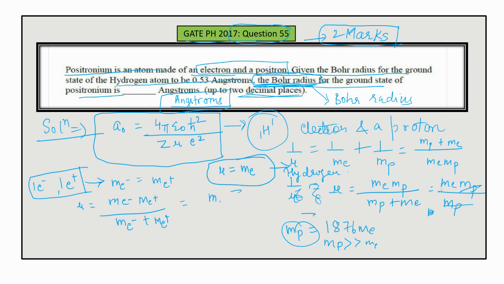So what you will write here, because both have the same mass, it will be me by 2.